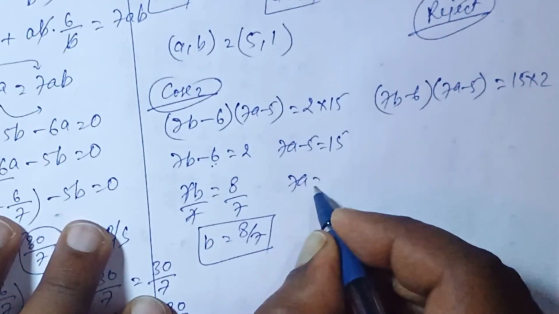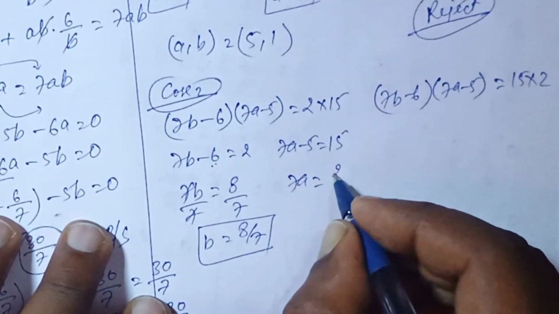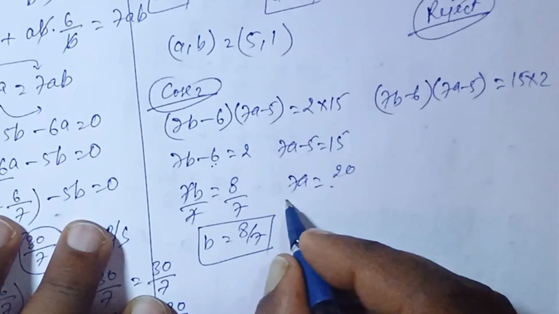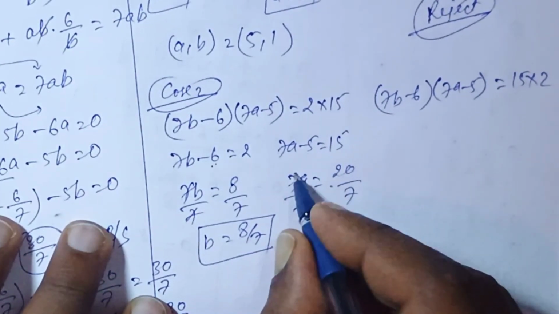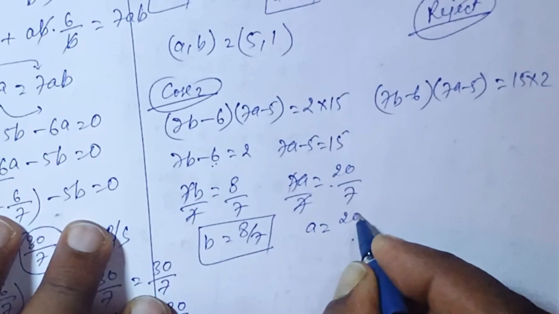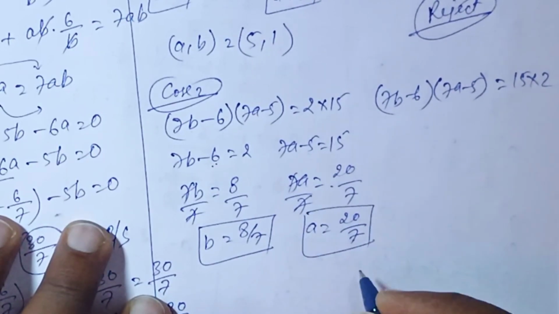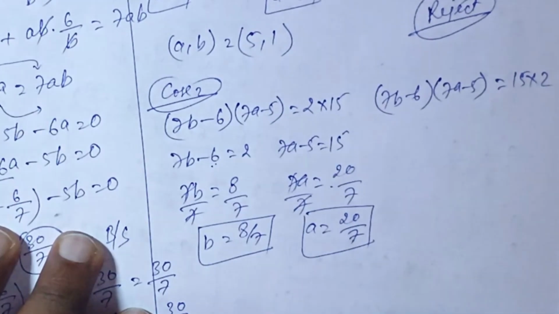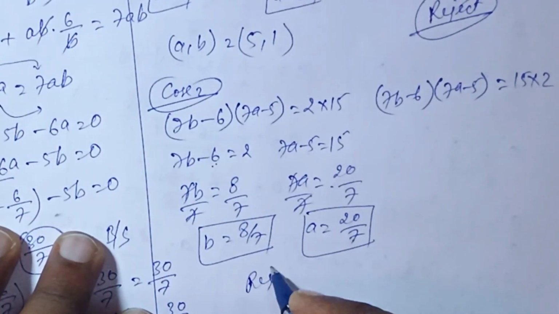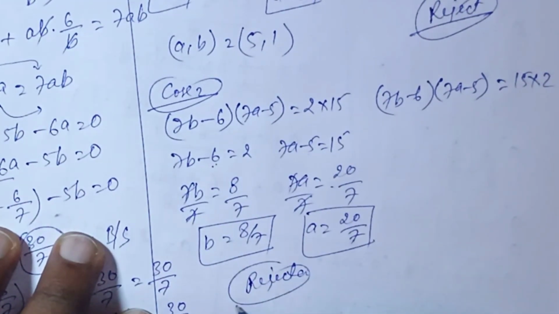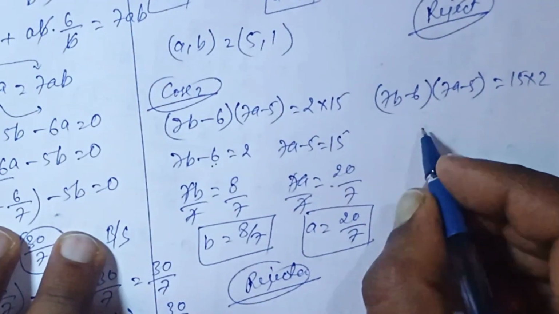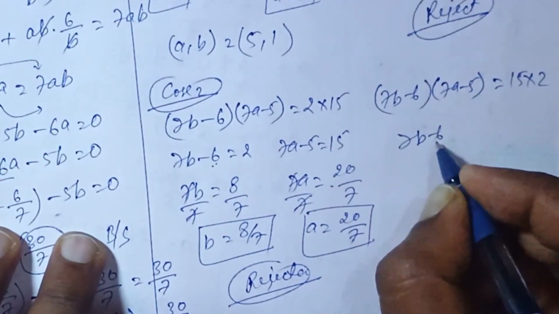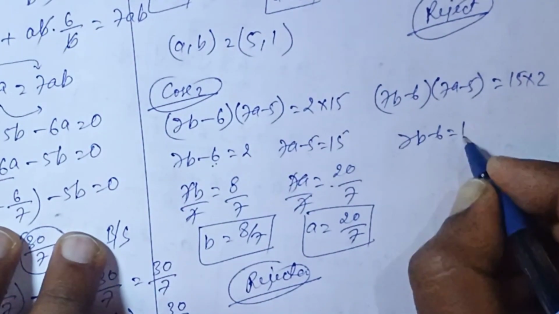Here 7a is equal to 5 comes to this side, 20, both sides divided by 7. Here a is equal to 20 divided by 7. This is in fraction form, so they will be rejected. Now 7b minus 6 is equal to 15.